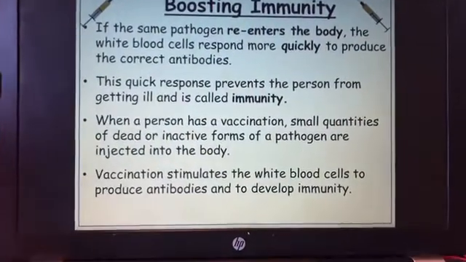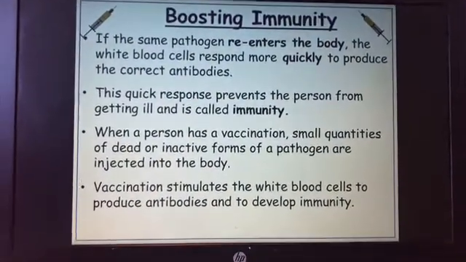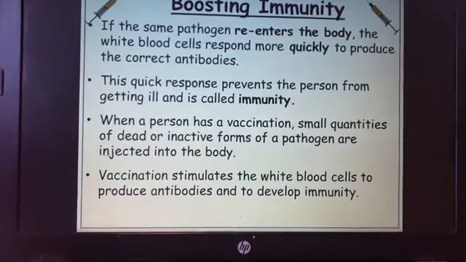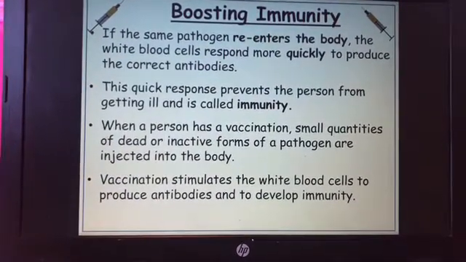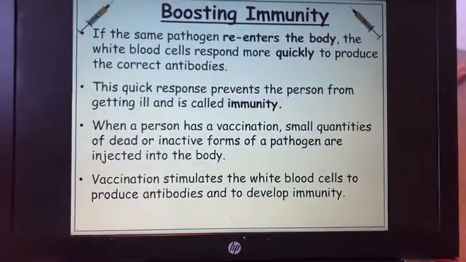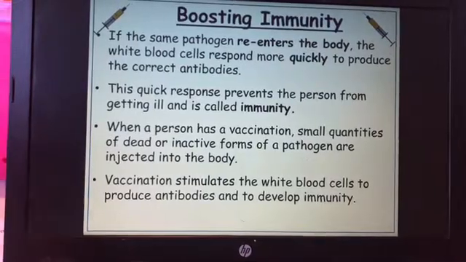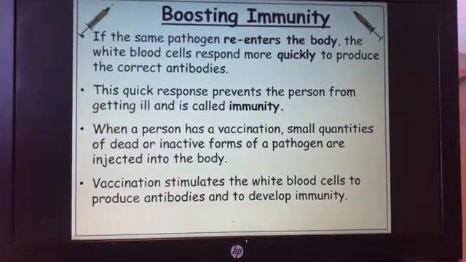If you wanted to boost your immunity: the first time that a pathogen enters your body, it takes quite a long time for your white blood cells to recognise that pathogen and then to produce the right antibodies. So it's quite a slow response, and during that time you'd probably get ill.